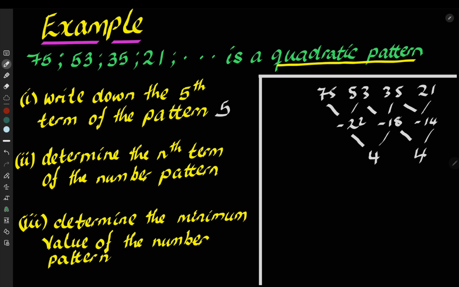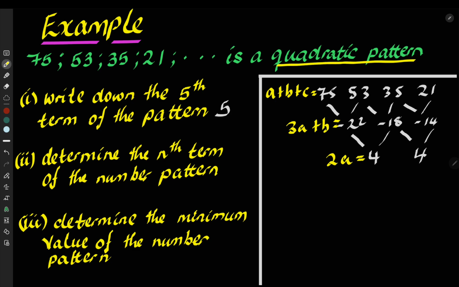If you remember from the previous section, we said that 2a is equal to the second common difference, and also 3a plus b is equal to the first difference, and a plus b plus c is equal to the first term.